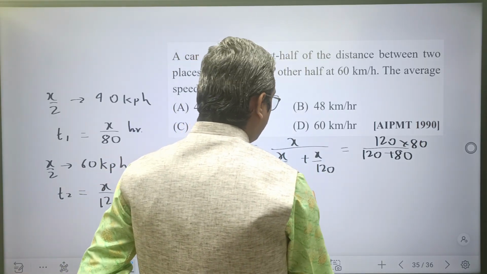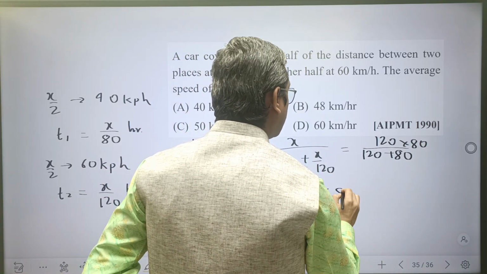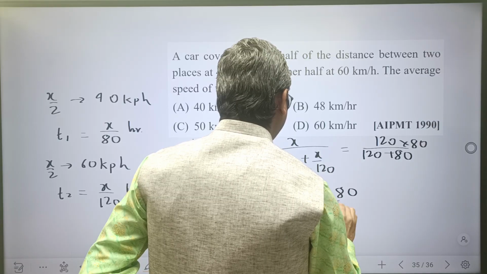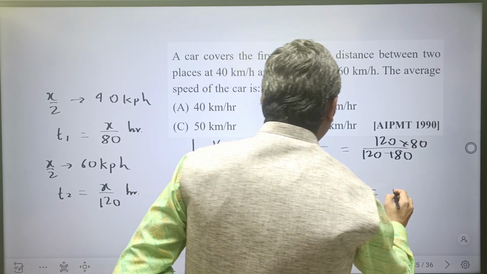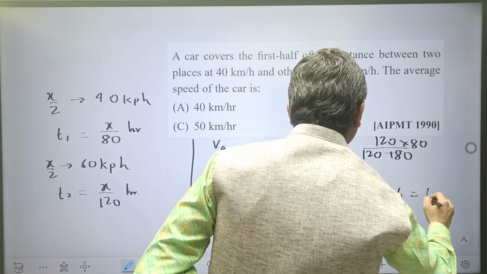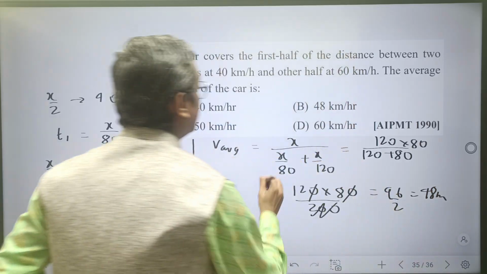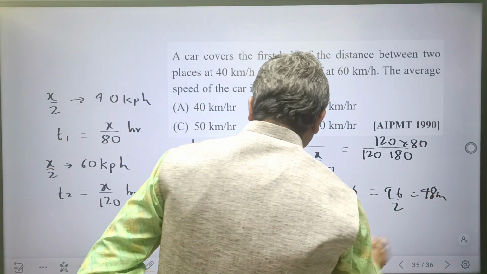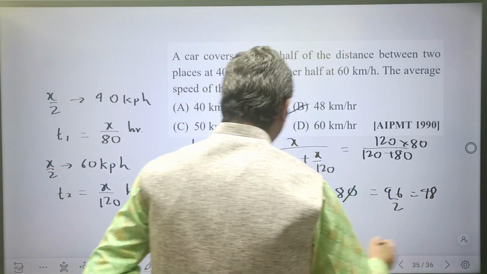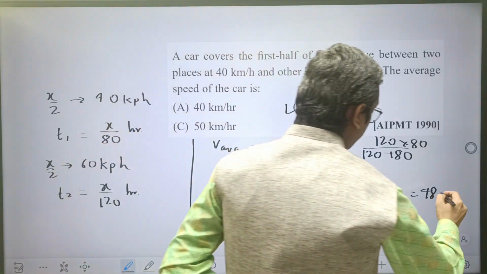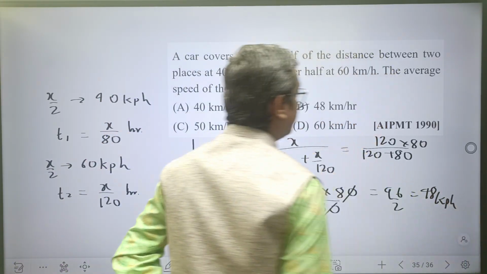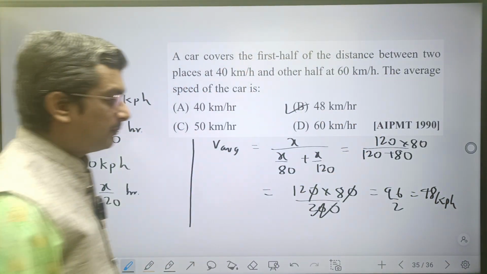So this will be 120 into 80 by 200, which is 96 by 2, that is equal to 48 kilometer per hour. Sorry, not meter, it is kilometer per hour, because we are finding average speed, dear students, and we are in the kilometer per hour unit system.